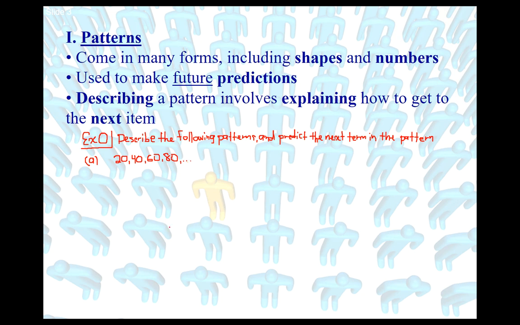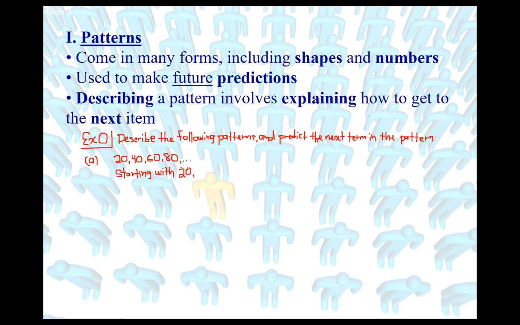Okay, so the way we want to describe the pattern is we want to, first of all, identify what is the starting number in the pattern. So what I would do here is I would say starting with 20. What do you need to do to get to the next number in the pattern?